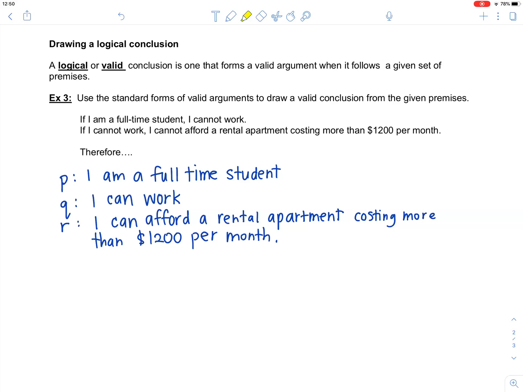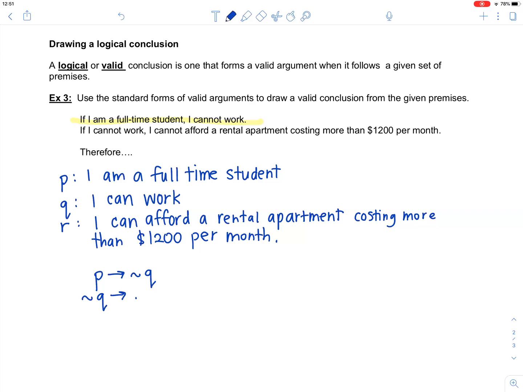So let's examine what we are given. In symbolic form, premise 1, if I am a full-time student, which is P, the consequent is I cannot work, which would be the negation of Q. The second premise is if I cannot work, so that's not Q, I cannot afford a rental apartment costing more than $1,200 per month.